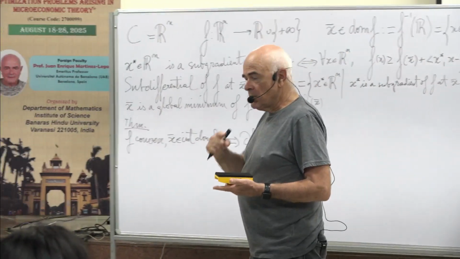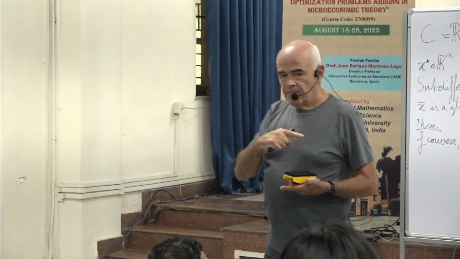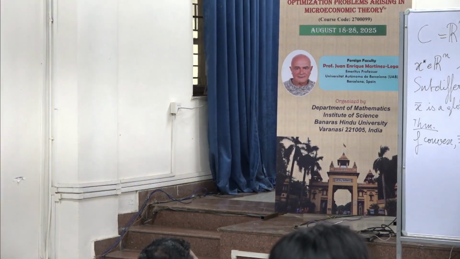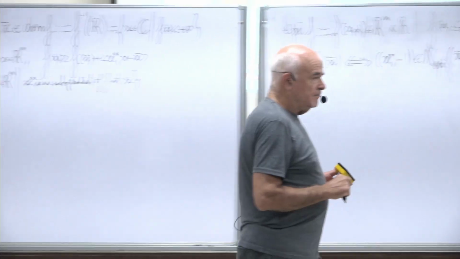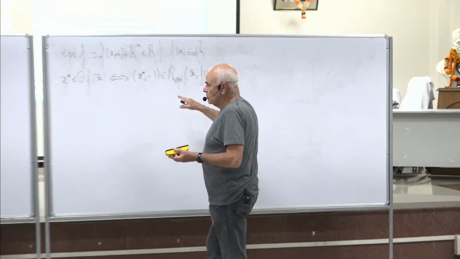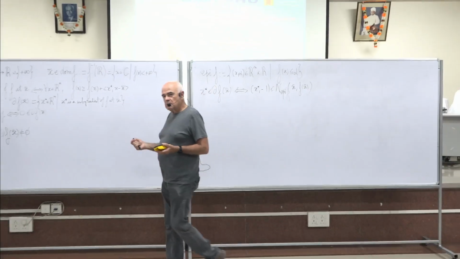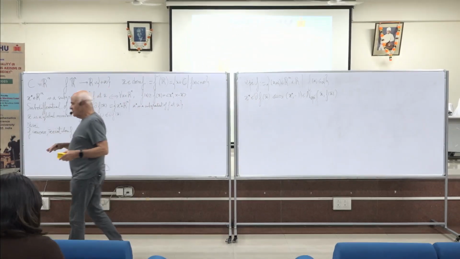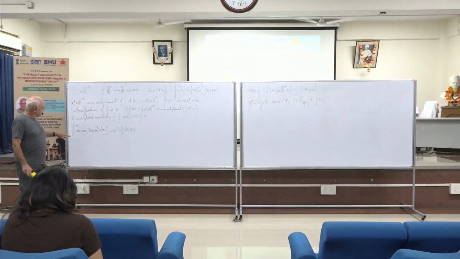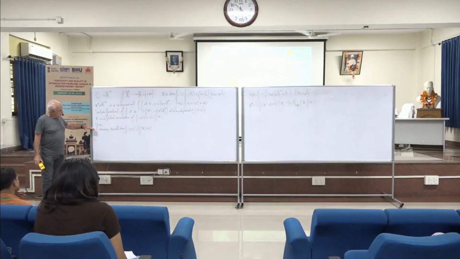That's the equivalence, and this is easy to prove. This is an exercise. If you want, I can give a proof, but as I said, it is an exercise. So this is the normal cone. I'm not going to use the normal cone, so I prefer to go back to our previous situation.